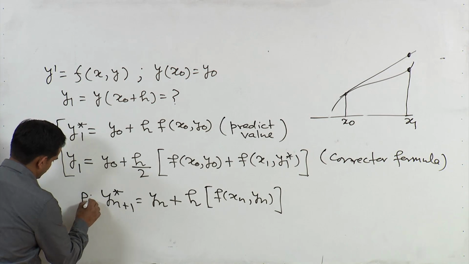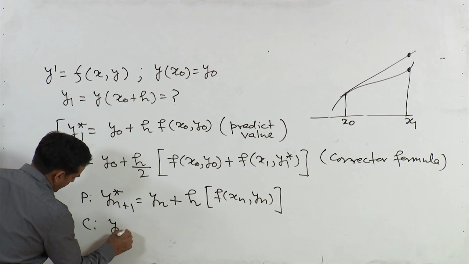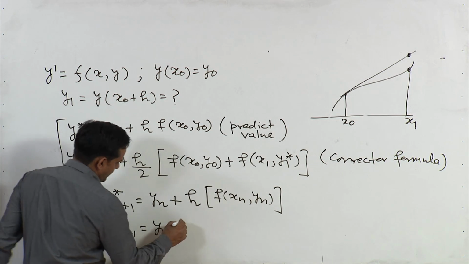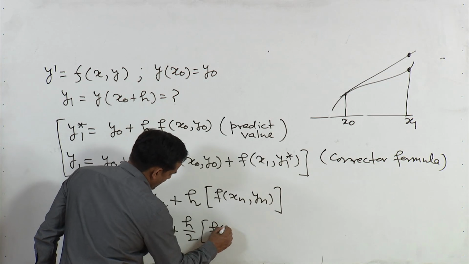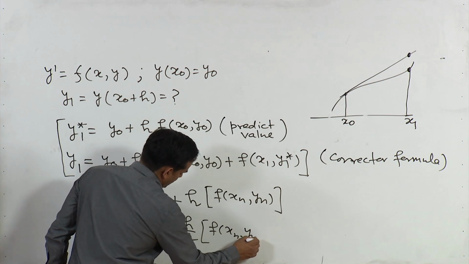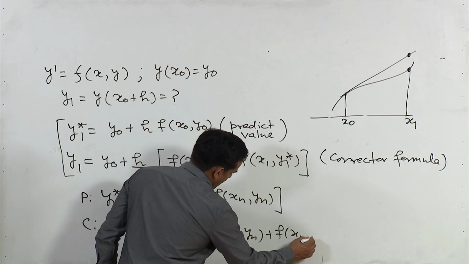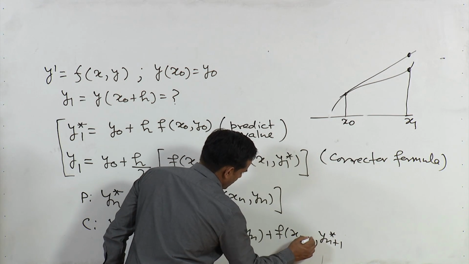So, this is the predictor formula and the corrector formula is yn plus 1 equals yn plus h upon 2 times f at xn, yn plus f at xn plus 1, yn plus 1 star.